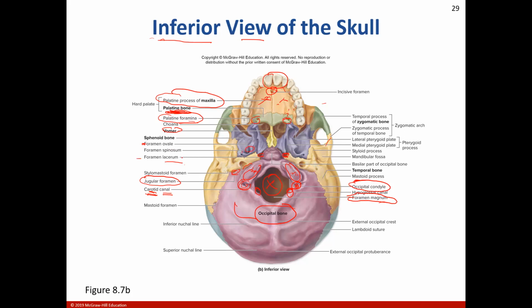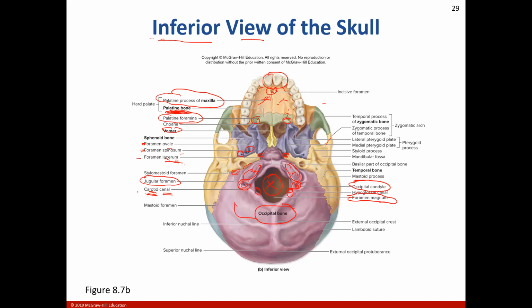Then you have a spiny one called the foramen spinosum. Those are on both sides, and they're really tough to see, but again, you need to practice. So foramen ovale is probably the easiest one up here because it does have an oval shape. Spinosum is very spiny and small. Foramen lacerum is lacerated, kind of looks torn, so it looks kind of jagged in edges.